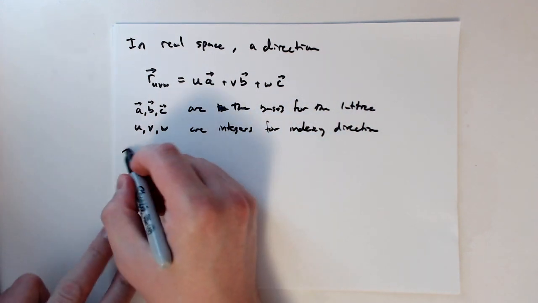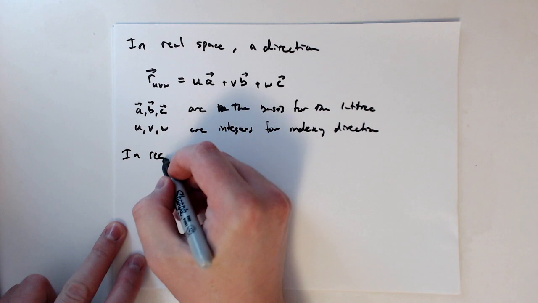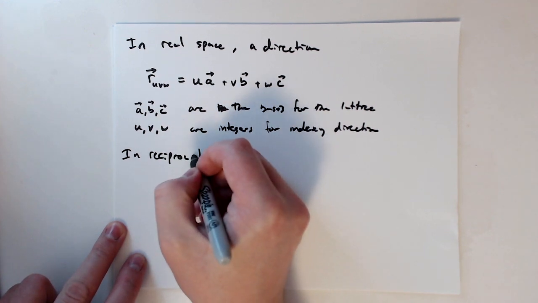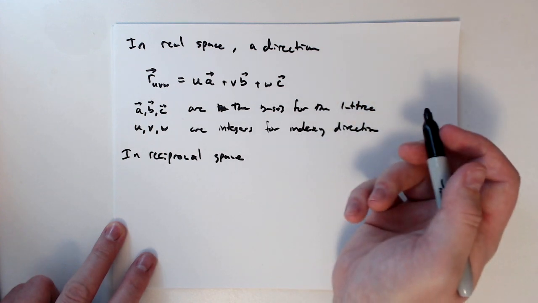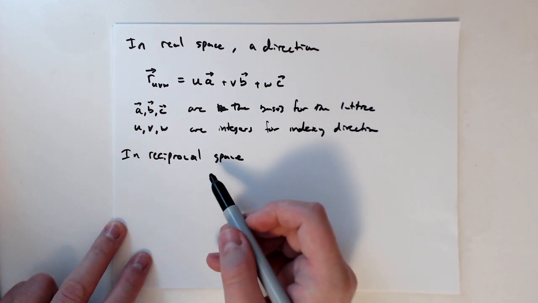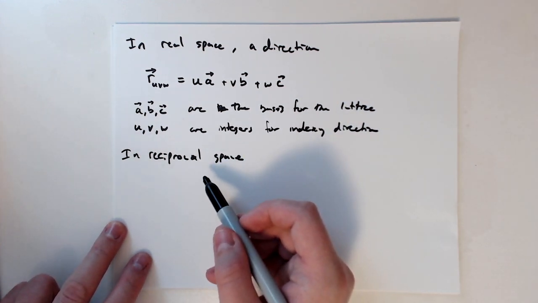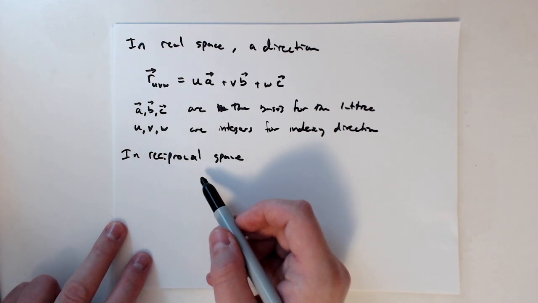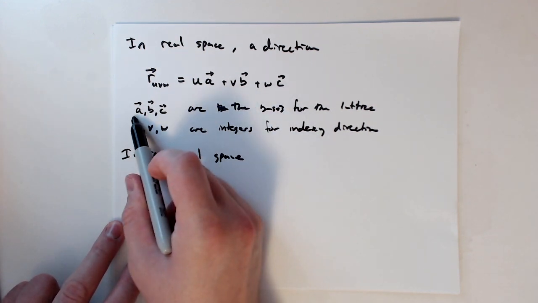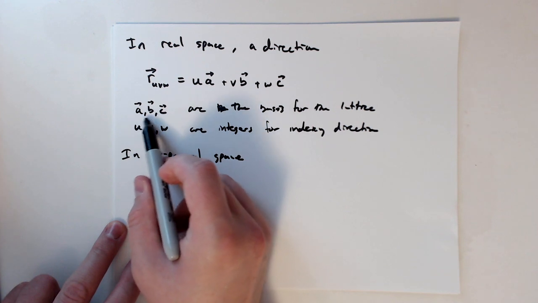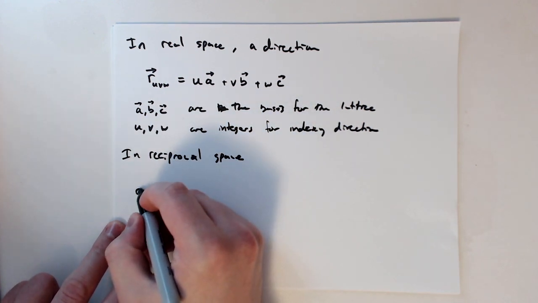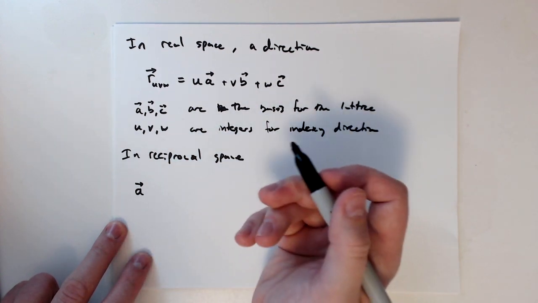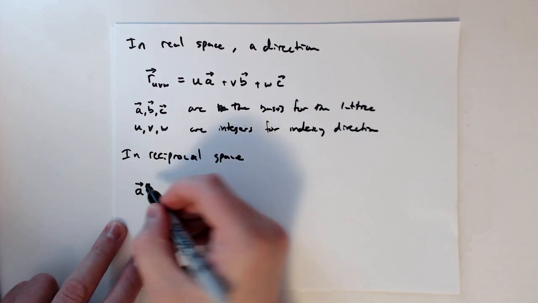So now in reciprocal space, we want to define our reciprocal space vectors just like we would have in real space. So we kind of want to have the corollary to A, B, and C. So in reciprocal space, we have an A vector, but we call this A star.